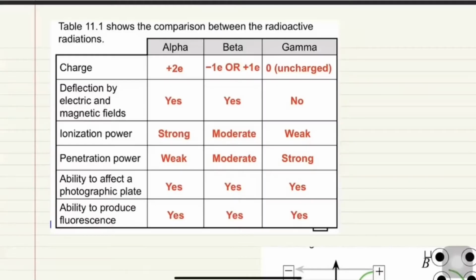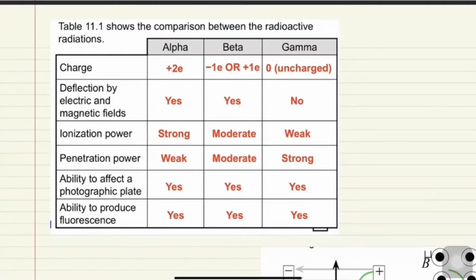Okay, so in terms of deflection, you can see that the gamma does not undergo any deflection lah due to electric field atau magnetic field. Okay, mainly because dia tak di-charge. Okay, so kamu tahu kan kalau electric field punya deflection tu dia kena ada charge.